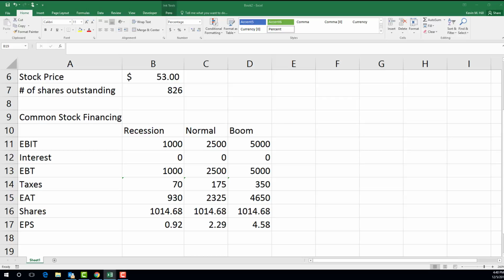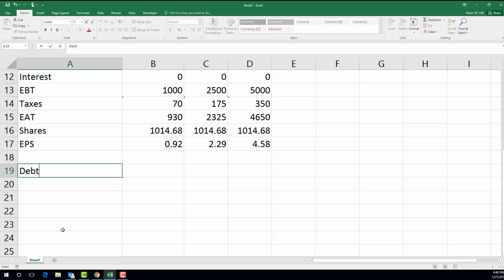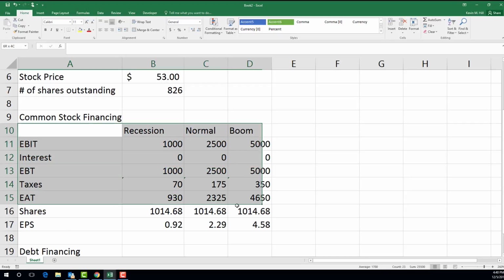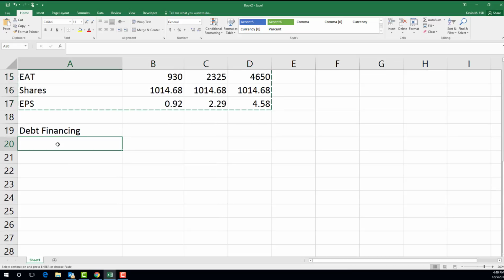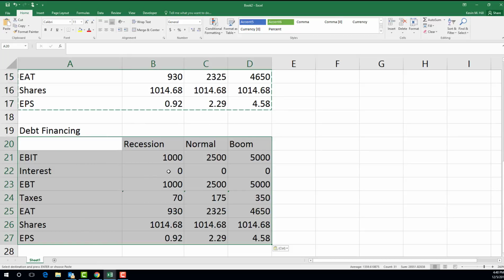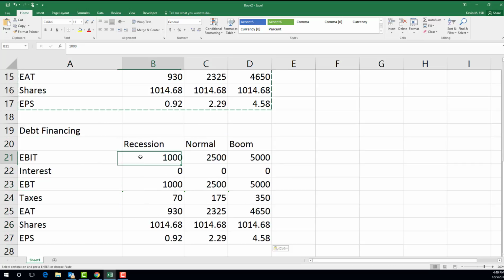All right. So let's move on to debt financing. What I'm going to do here to save a little time is copy and paste everything we just did and then make changes to it. That will save us a whole bunch of time. So these numbers stay the same. And now we're going to have interest expense because we're going to borrow all the money for this.